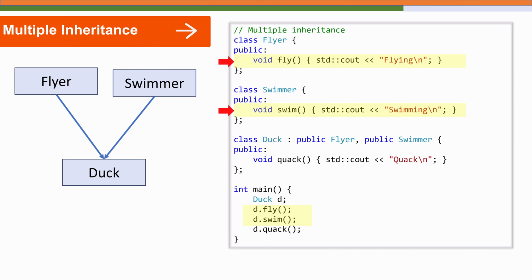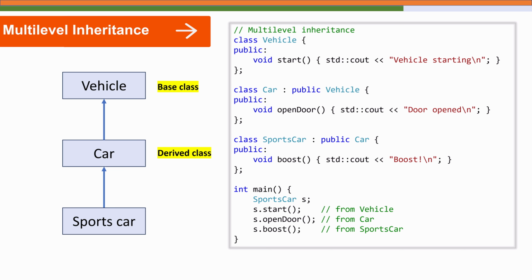So here duck inherits behavior from both flyer and swimmer. d.fly and d.swim show how multiple inheritance composes capabilities. If both bases had a function with the same name and signature, then calls would be ambiguous unless this is disambiguated or solved with the help of virtual inheritance, which we will cover in a moment.